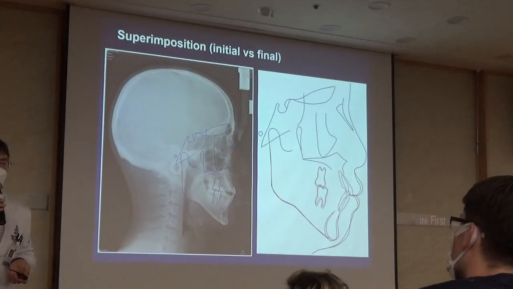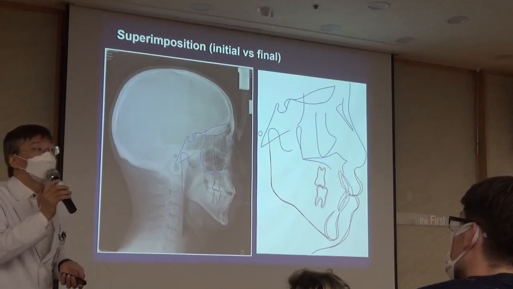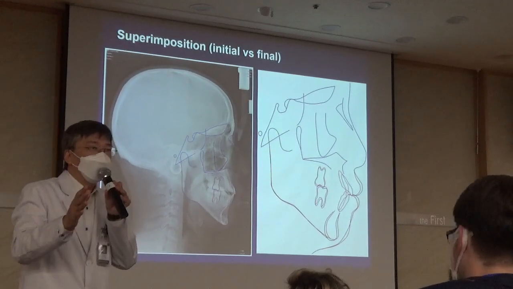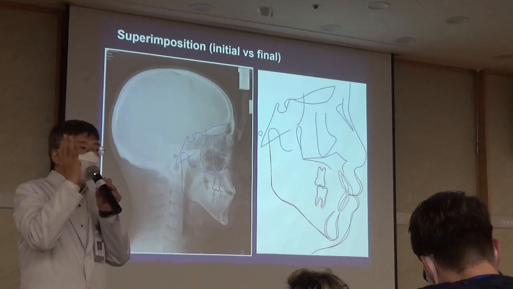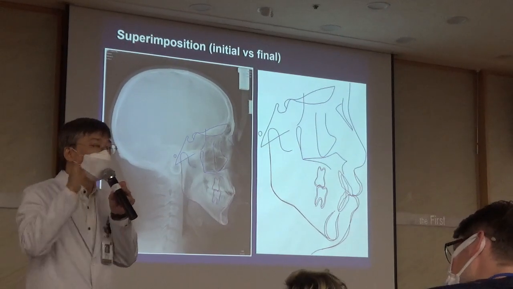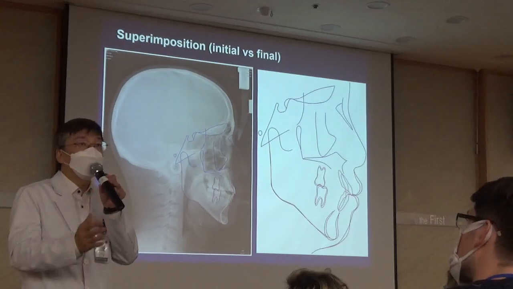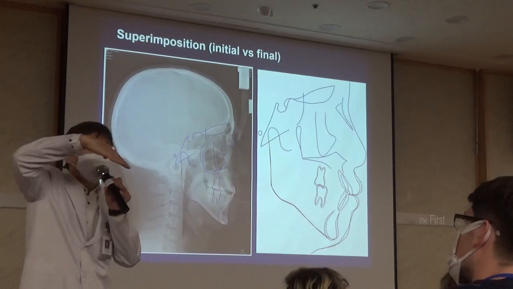So what's the take-home message over here? We need to be a little more specific. Even if it was a regular severe crowding, premolar extraction, protrusion, a very simple case, we should have been a little more specific in our treatment goal.